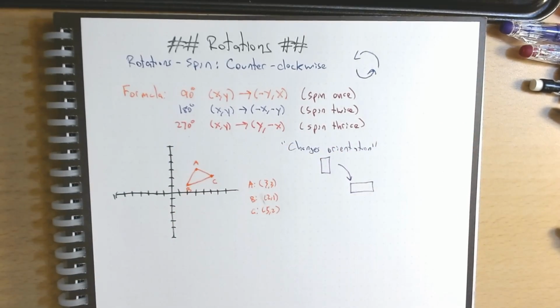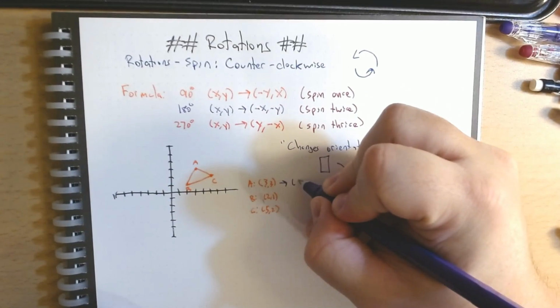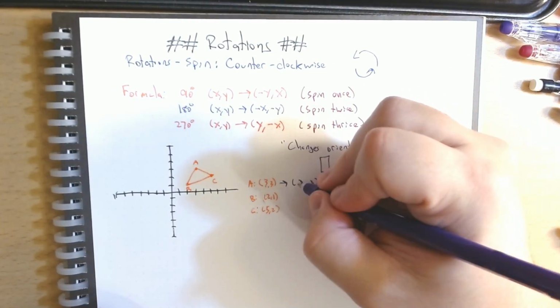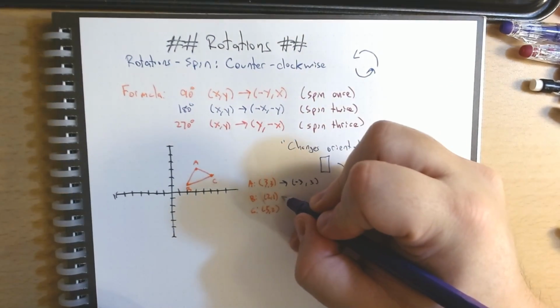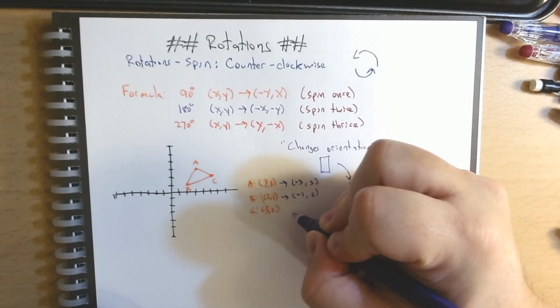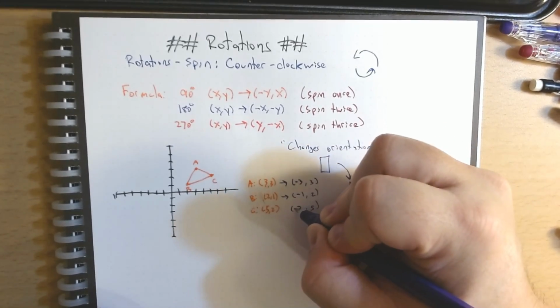So, you flip it, right? And then see how it says a negative there? You put a negative in front of the first number. So flip, put a negative, flip it, put a negative.